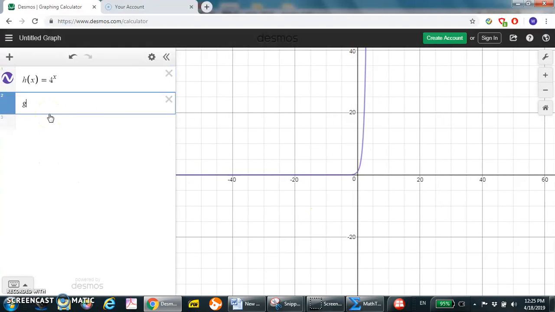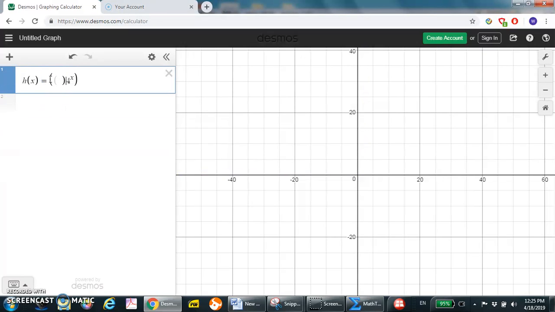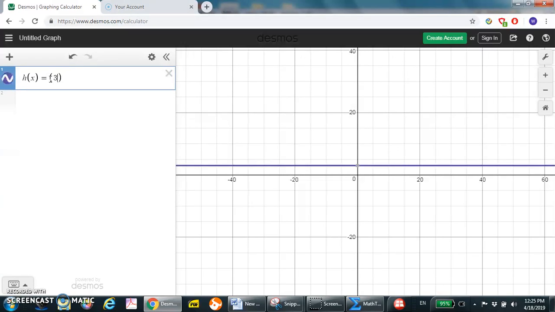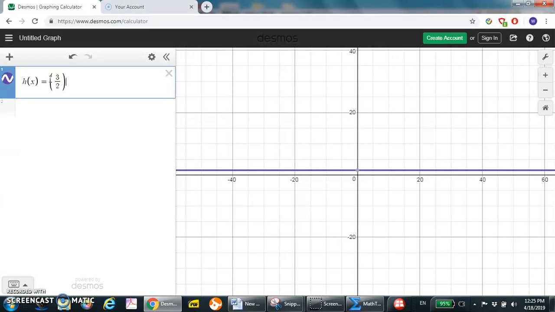And if I want to graph, for example, 3/2 to the x, can you guess what the function looks like? Yes, it will still be an increasing function because 3/2 is still greater than 1.